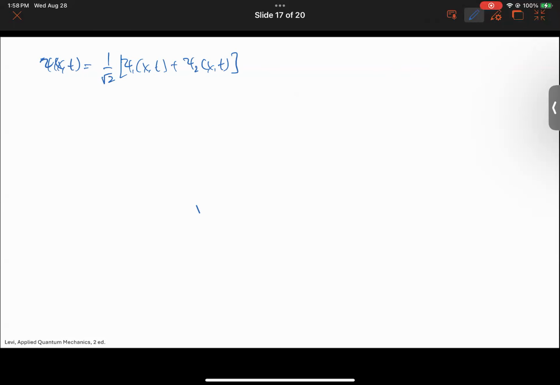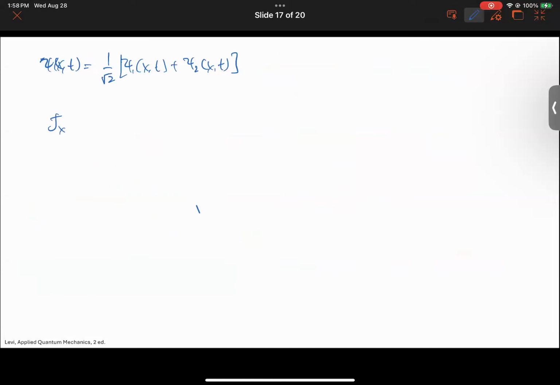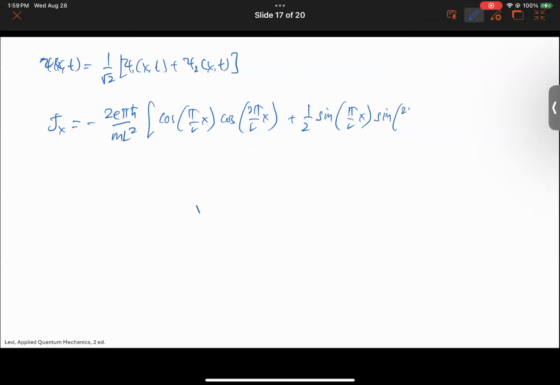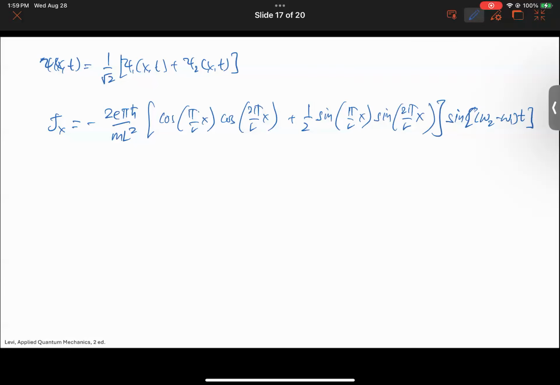If we plug that into our expression, what we end up with is J of x equal to negative 2 e pi h bar over m L squared times cosine of pi over L x cosine of 2 pi over L x plus 1/2 sine of pi over L x times sine of 2 pi over L x, then we have the sine of omega 2 minus omega 1 times t. So now we see that it is no longer 0.